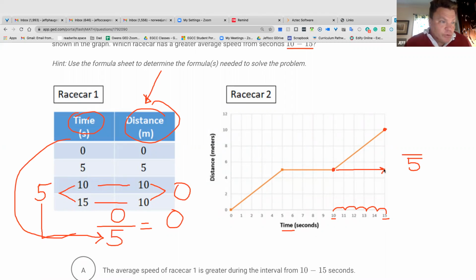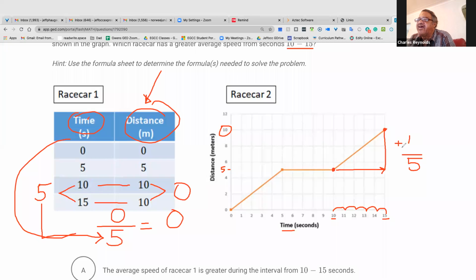And then we go 5 blocks this way. And then to get to this point, we go up. Up makes it a positive number. Well, we're at 5 here, and we made it up to 10. It goes up 5. So then 5 over 5 is 1.